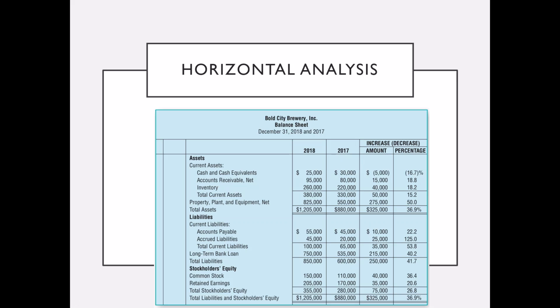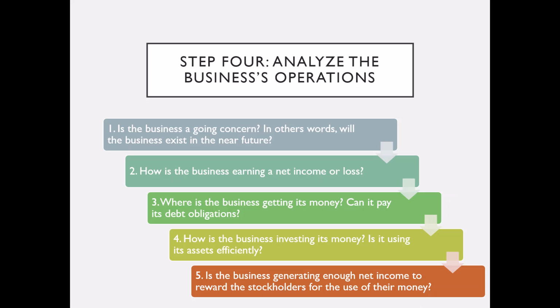We're just doing some calculations, and then when we're all done, we can look and see where things have gone up. Here you can see that my property, plant, and equipment went up by 50%, yet my cash went down by 16.7, and so on and so forth. And you can start to do some analysis based on how you're comparing year over year.